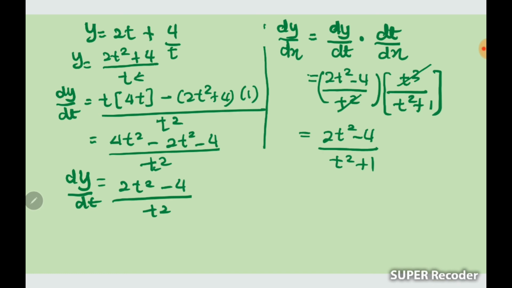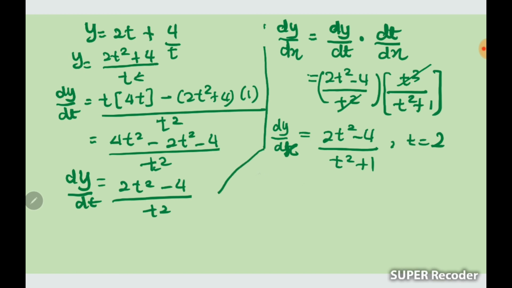The question asks to find dy/dx when t equals 2. So you need to substitute t equals 2 into dy/dx. Sorry, here is dy/dx.